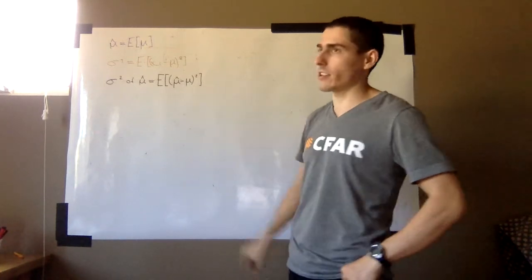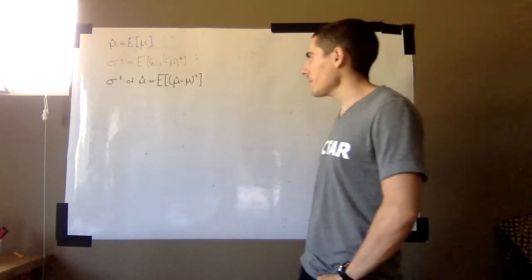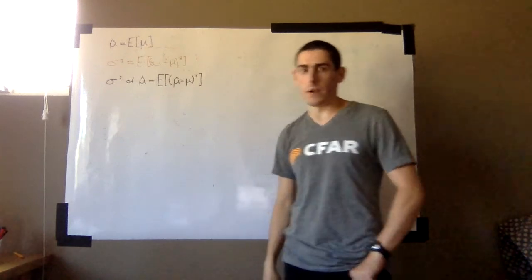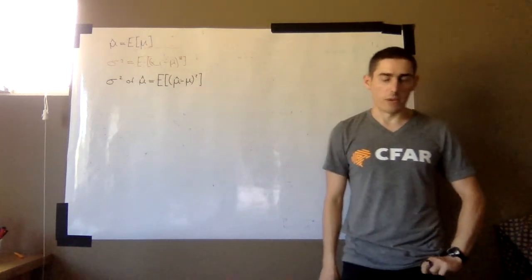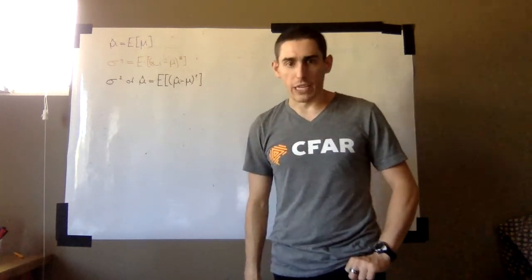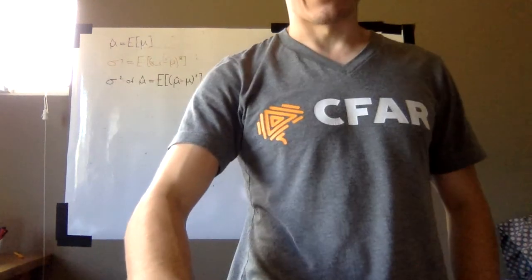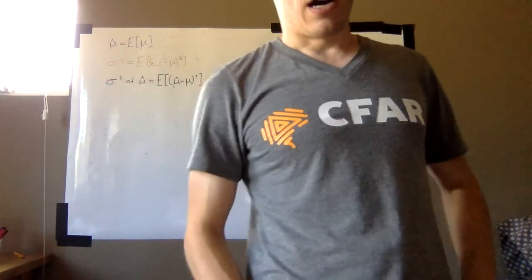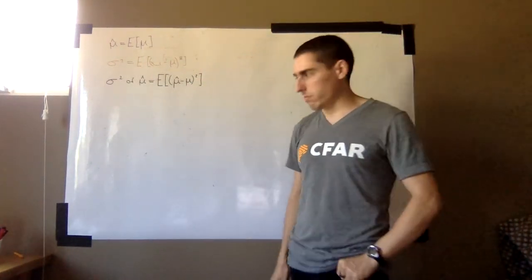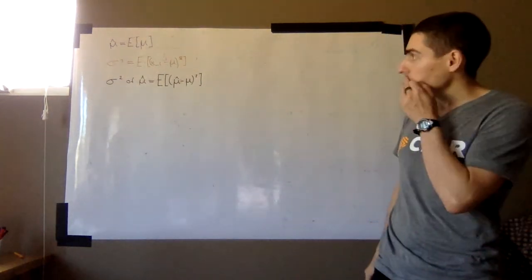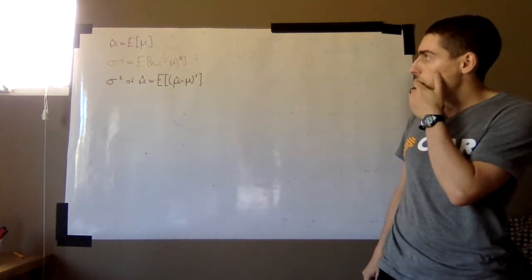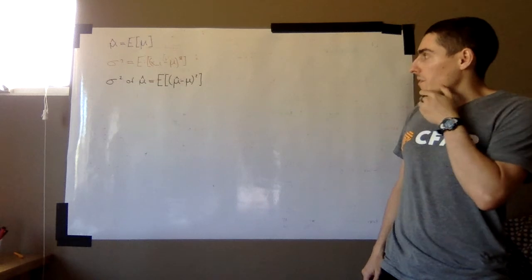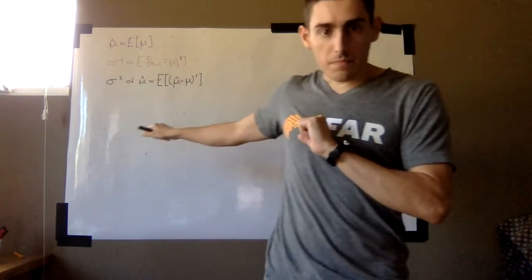How does that compare to the population mean? And then we square it because that's what we do when we are trying to find the variance, for reasons previously discussed. So this is our setup.